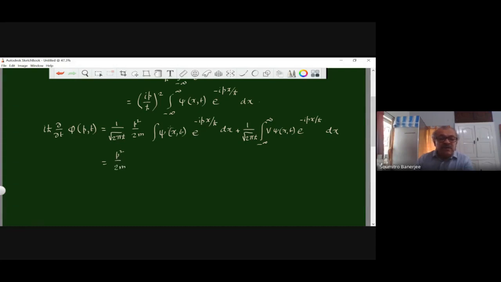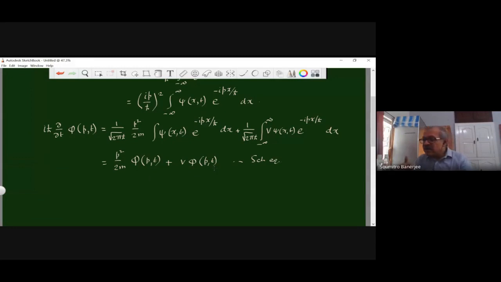The Fourier transform of this will be phi(p, t), and this one will be the Fourier transform of V psi, again a function of p and t. So you see, this is the Schrodinger equation in the momentum basis. That looks exactly the same. There is no difference.